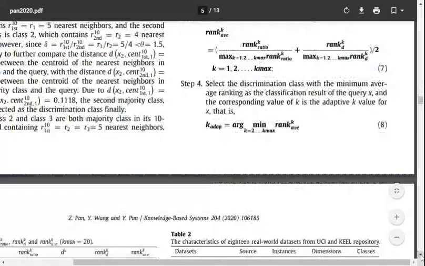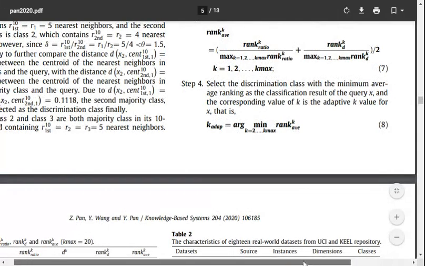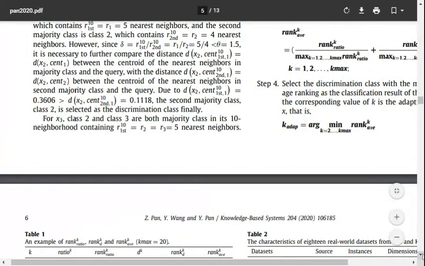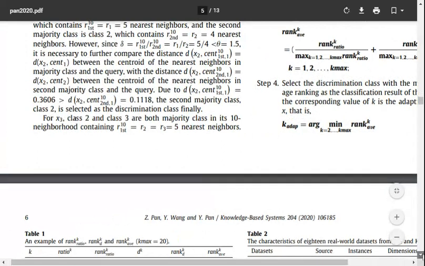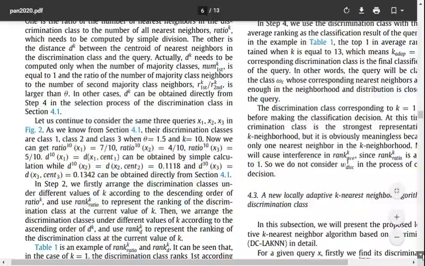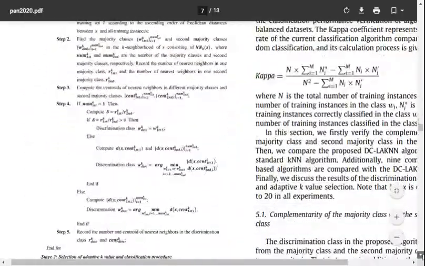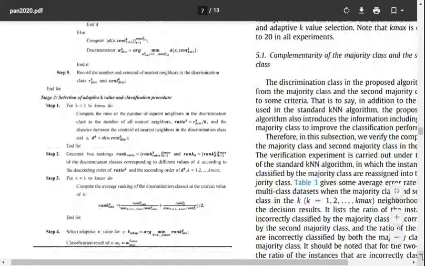If those are equal, you should choose the first most class. But if they're not equal, you can choose the one that is nearest. And then we select the adaptive K according to each input instance.